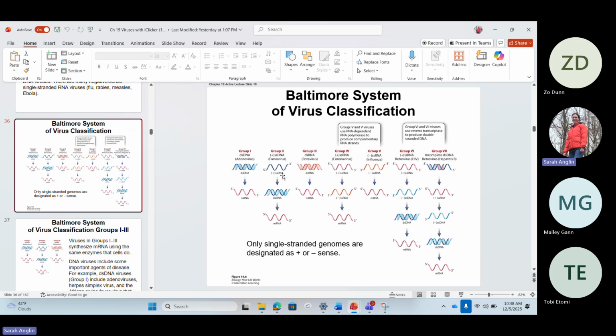If we look here, we already went over this: group 5, influenza, is a negative sense single-stranded RNA. Why is it negative sense? Because the nucleotide sequence does not match that of the mRNA strand. It's complementary, so it can be used to produce the mRNA strand, but it's not the same sequence. So it's negative sense.